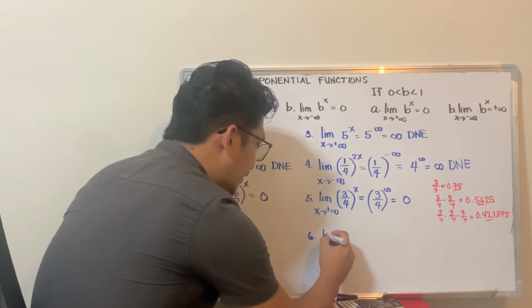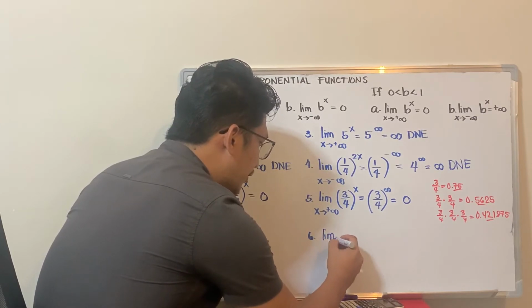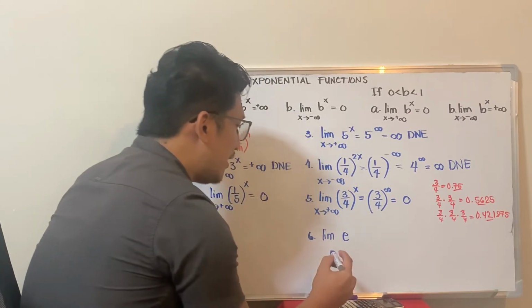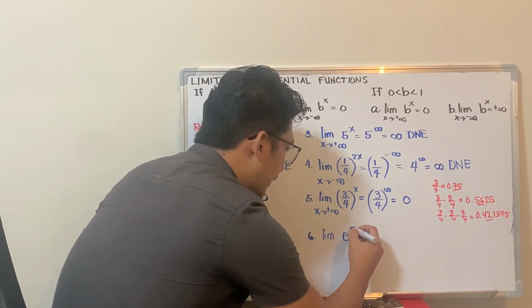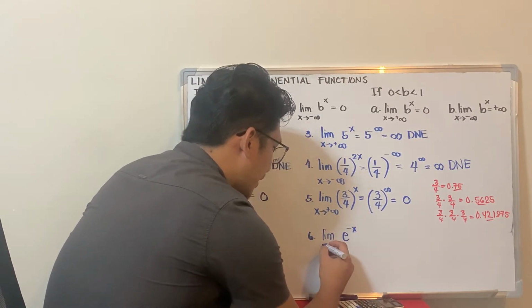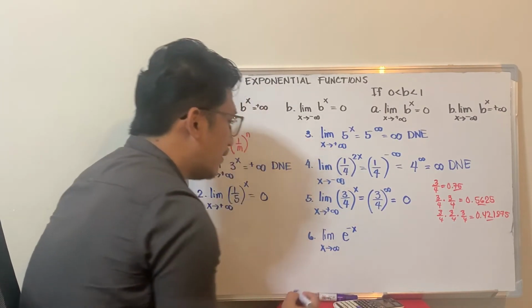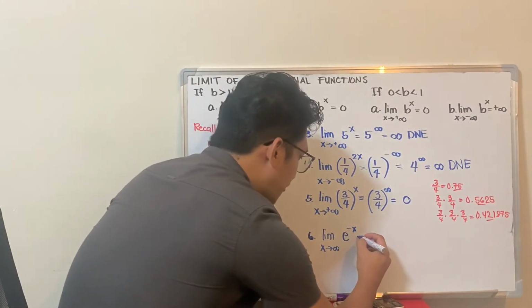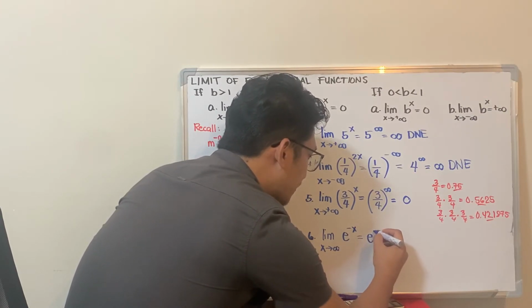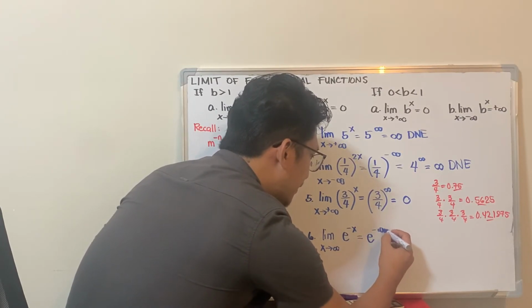If we have this constant e, for example, if you are to evaluate the limit of e raised to the power of negative x, as x approaches infinity, that becomes e raised to the power of negative infinity.